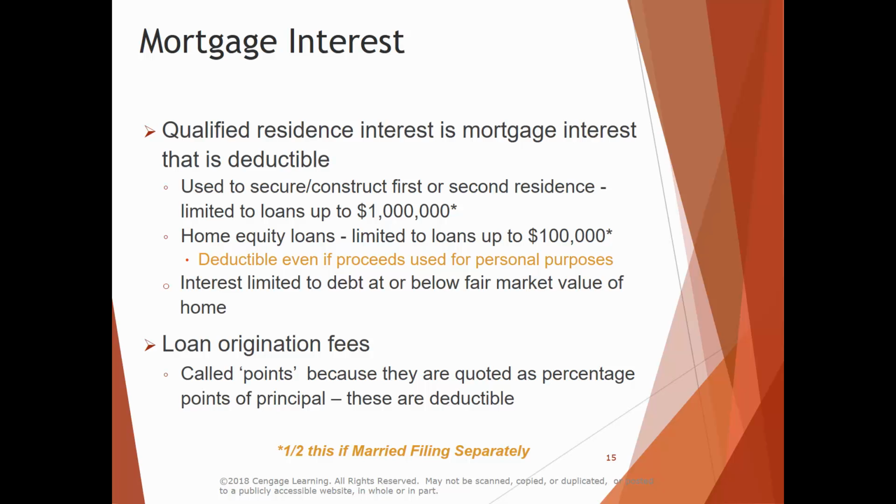Okay, so for example, let's just try this really quick. Let's say my original mortgage was 82% of a $400,000 house.